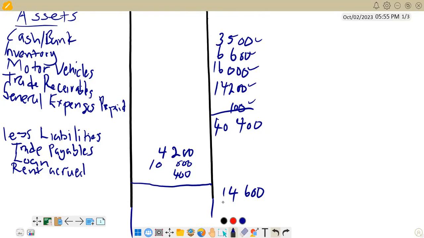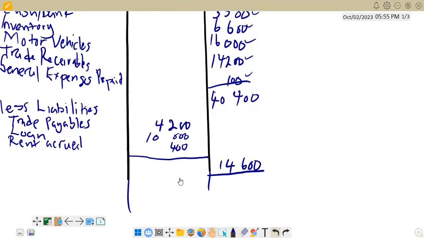So we now subtract to get the balance for capital. 40,400 minus 14,600, then we get 25,800. So this is the final figure that we have. This is now our capital.